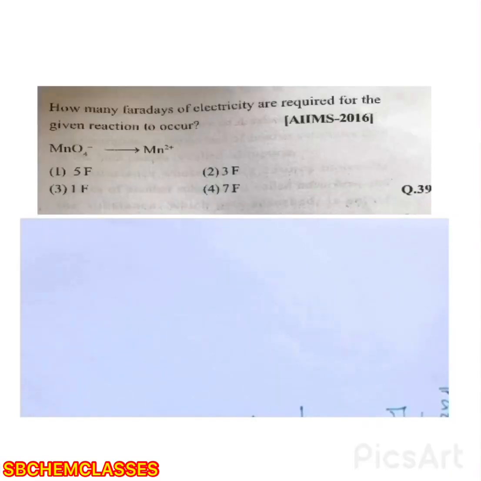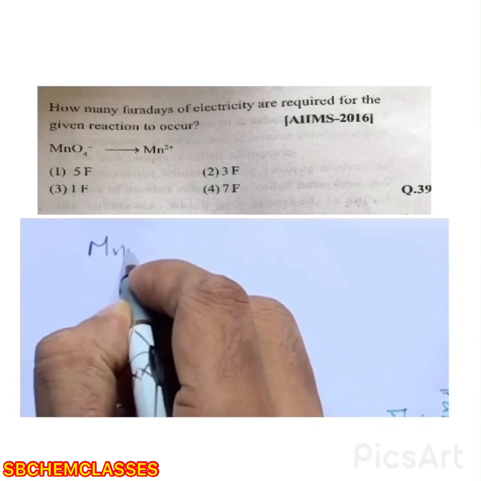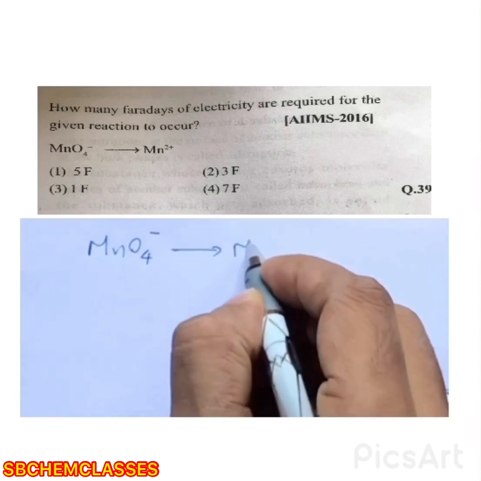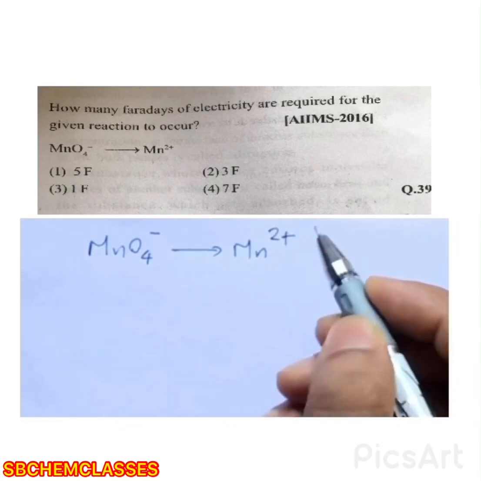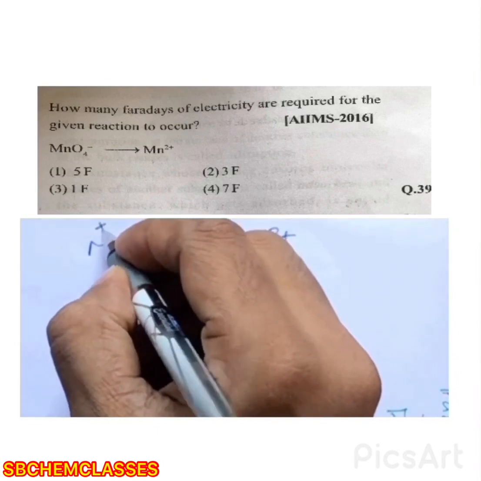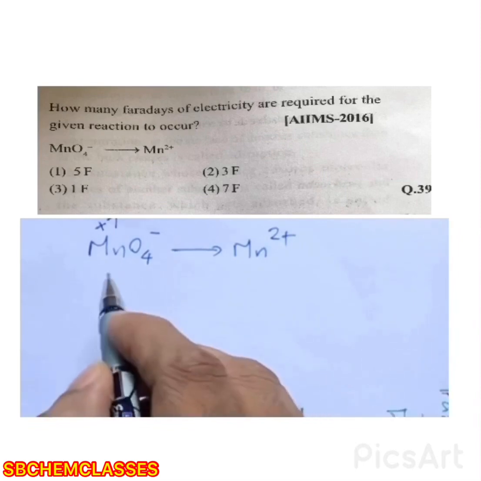How many Faradays of electricity are required for the given reaction to occur? The reaction given is MnO4 minus converted to Mn2 plus. In MnO4 minus, Mn has oxidation state plus 7. In Mn2 plus, it is plus 2.